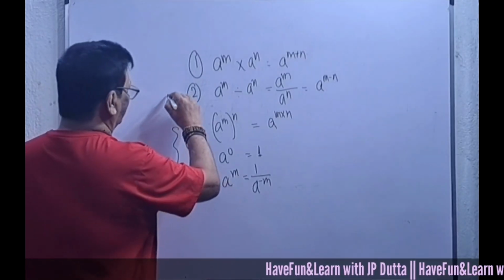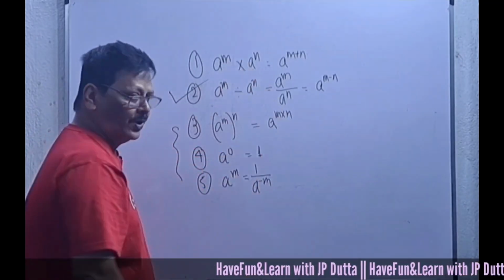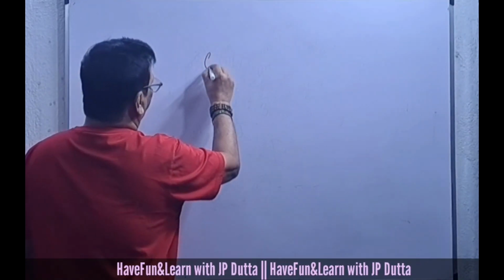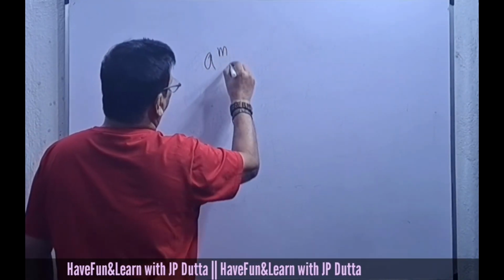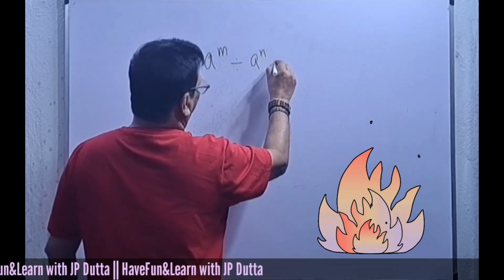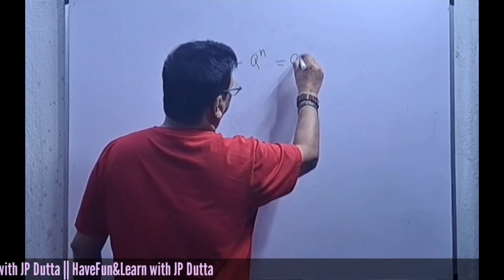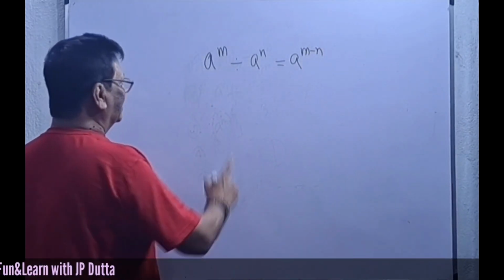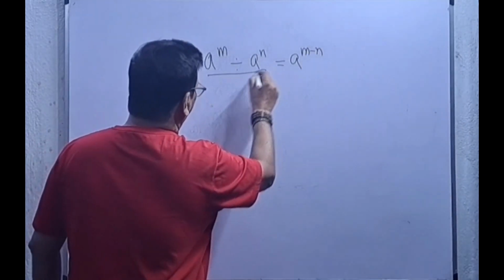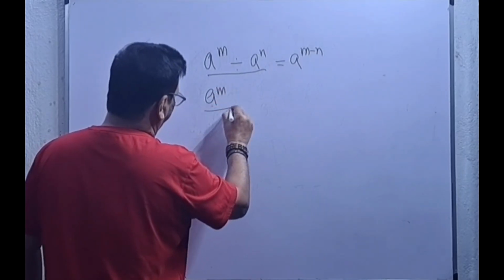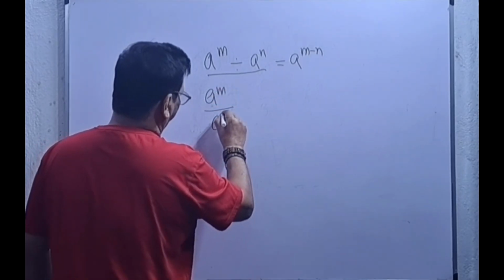Today we'll discuss rule number 2. Right? See, now a to the power of m divided by a to the power of n will ultimately be written as a to the power of m minus n. Correct? Now this can also be written as a to the power of m divided by a to the power of n.